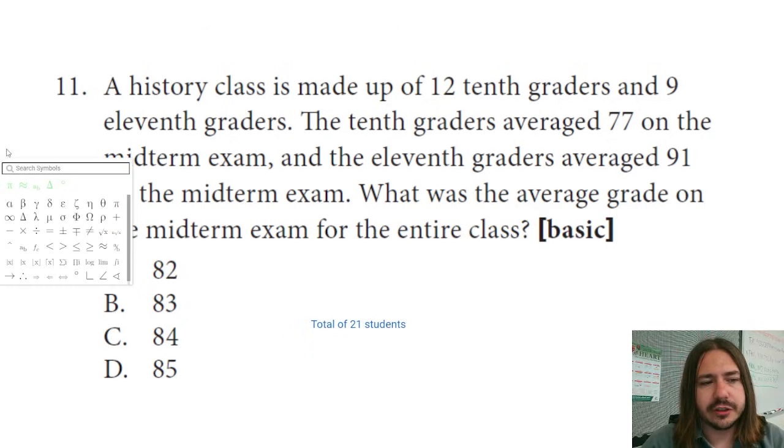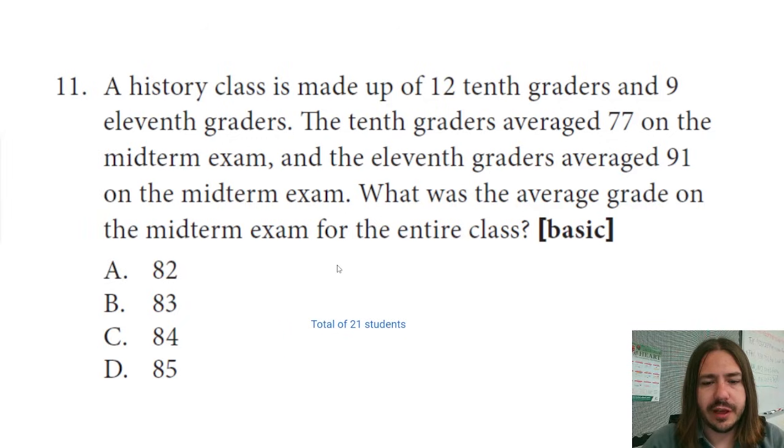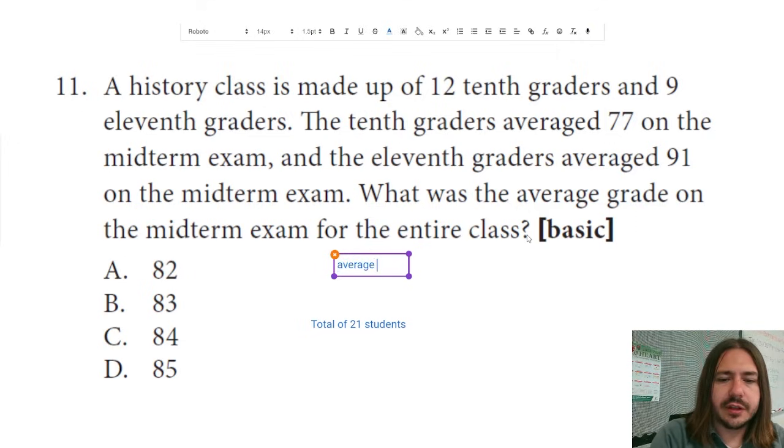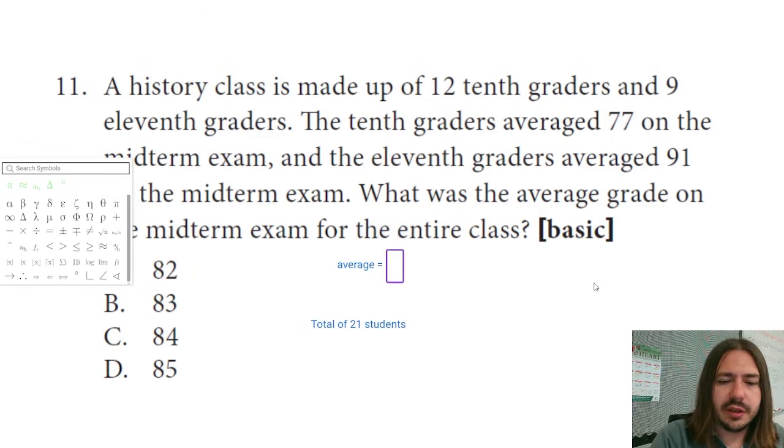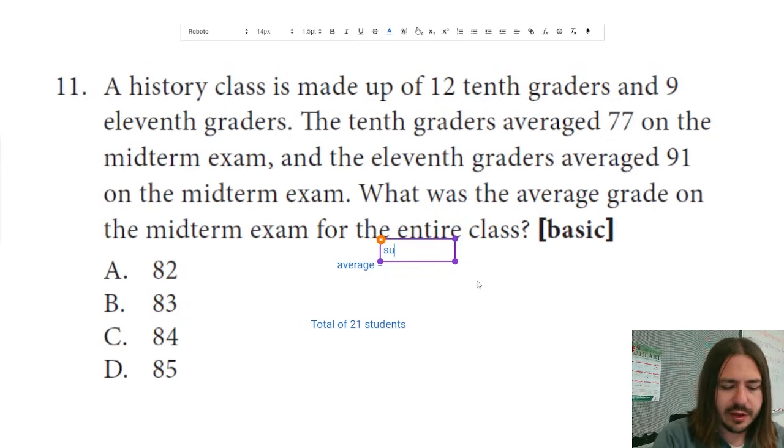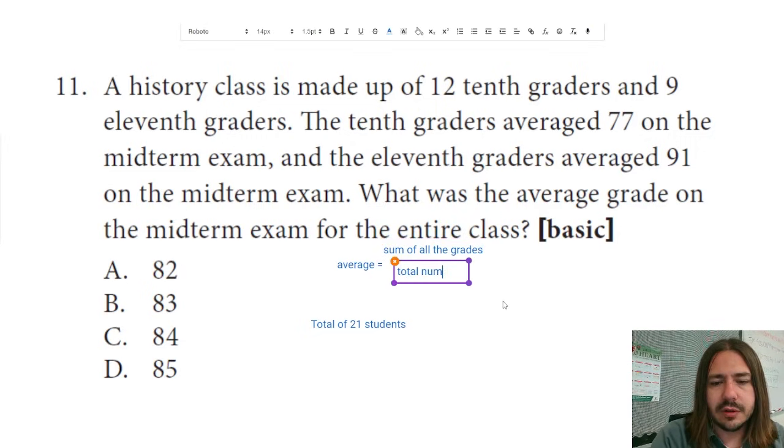Okay, so to find the average, let's write this out. Average is equal to the sum of all the grades divided by how many grades there are, and in this case, that would mean the total number of students.